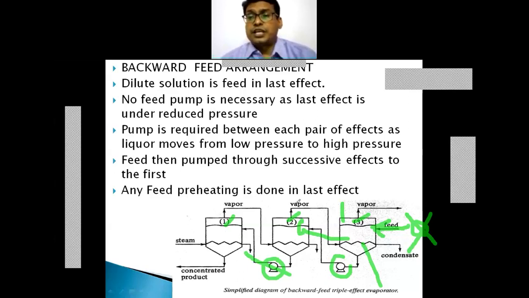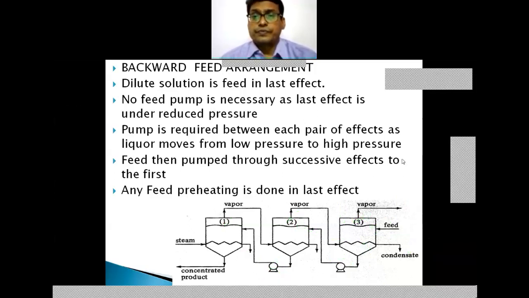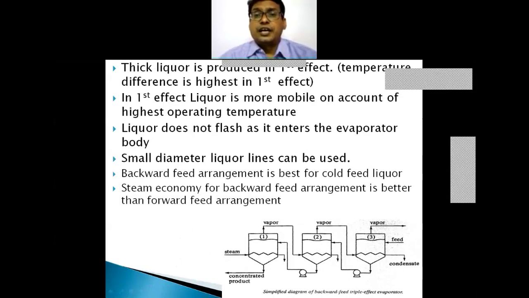Any feed preheating is done in the last stage. If the preheating is done, it is carried out for the feed before the last stage. Then the thick liquor is produced in the first effect.